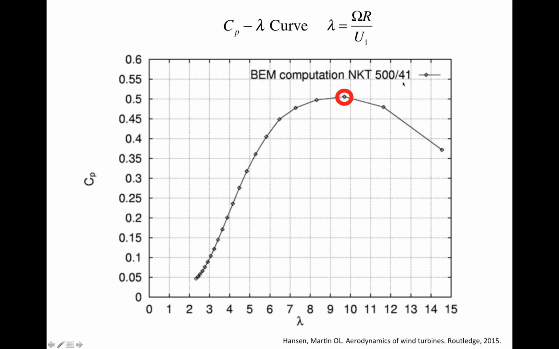So the BEM theory allows you to compute not just the power curve, but also this so-called Cp-lambda curve. Lambda is the tip speed ratio, which is capital omega, the angular speed of the rotor, times the radius of the rotor, divided by u1, where u1 is the free stream wind speed. So the horizontal axis is lambda, and the vertical axis is the power coefficient.